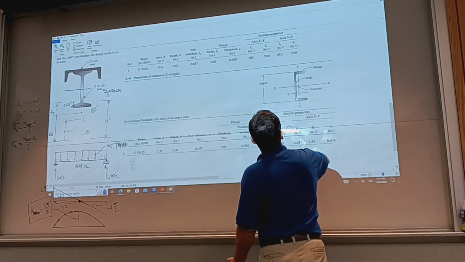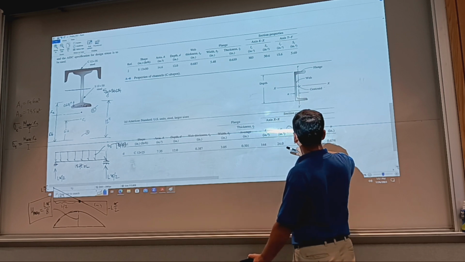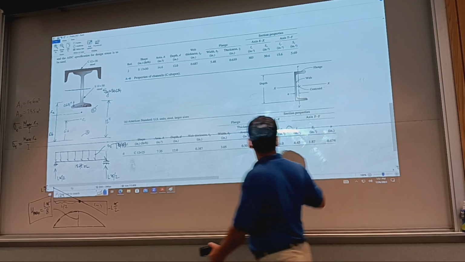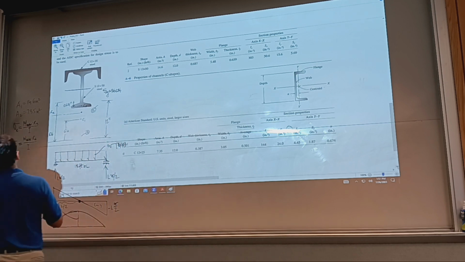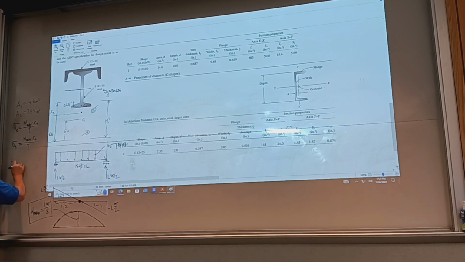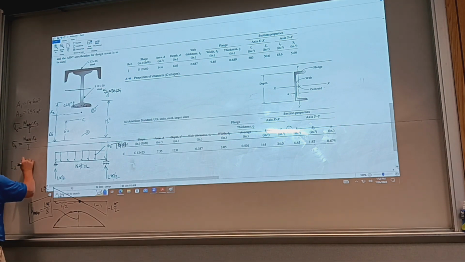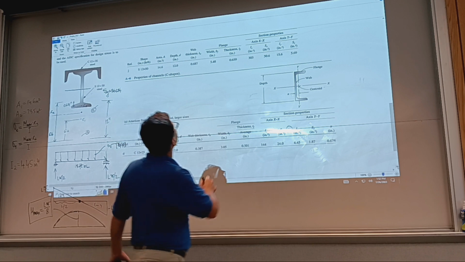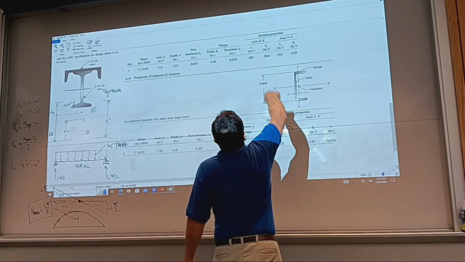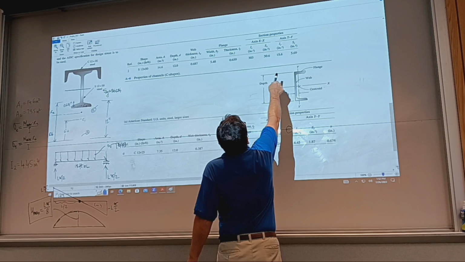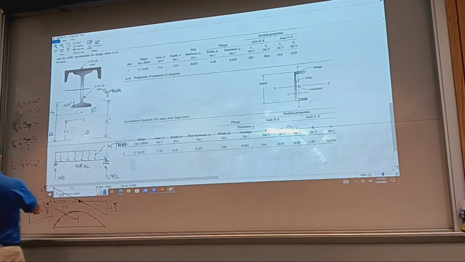For the channel we're going to use IY, so I2 is 4.45 inches to the power 4. And for the I-beam, I'm actually going to use IX. So I1 is 303 inches to the power 4.